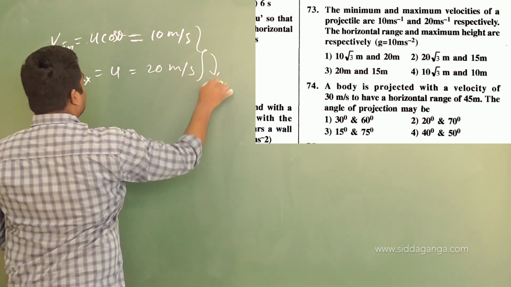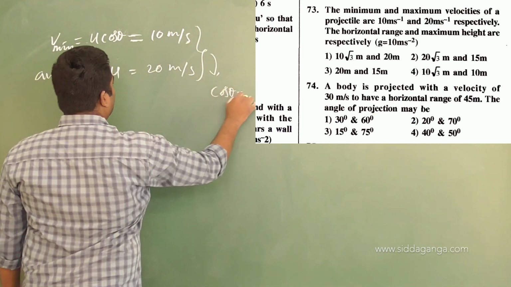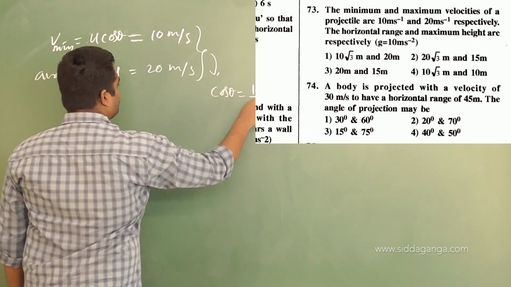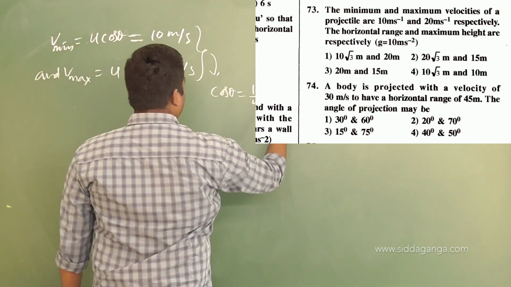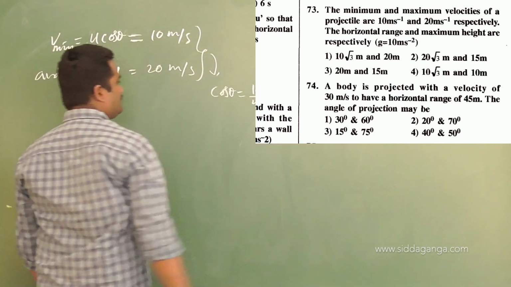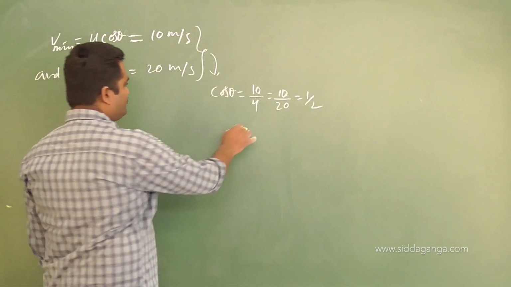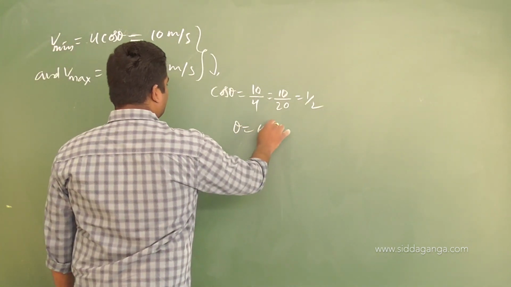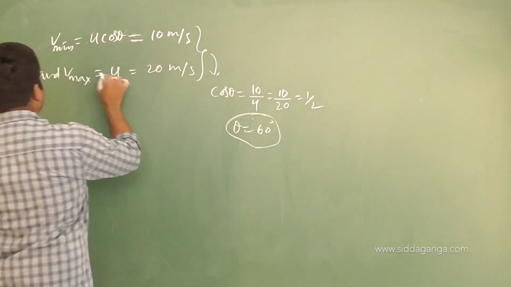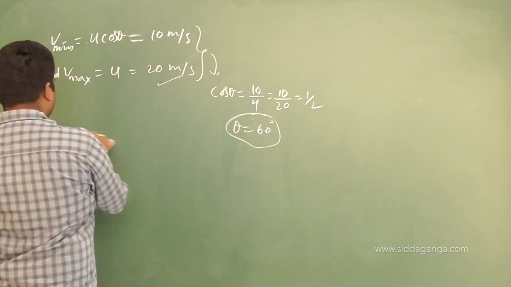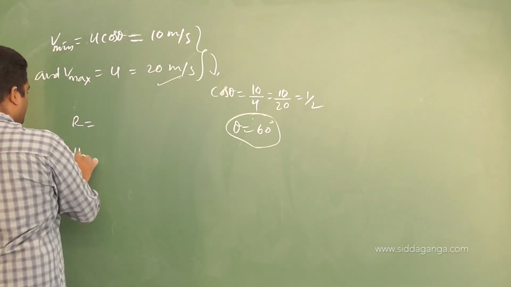What can you get? Cos theta equals 10 divided by u, or 10 by 20, or 1 by 2. Cos theta is 1 by 2 means what is the value of theta? 60. You know theta and the velocity of projection, so you can find the range and maximum height.